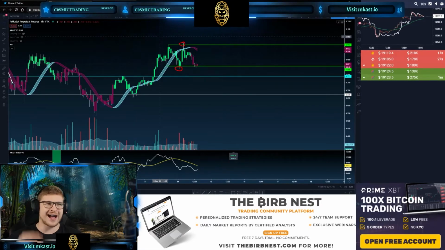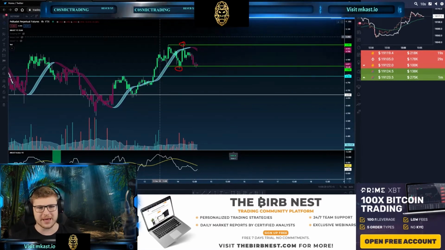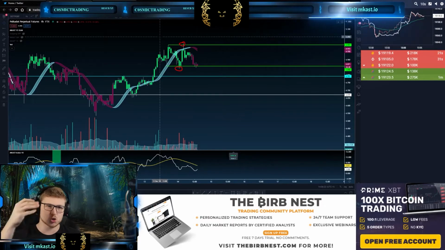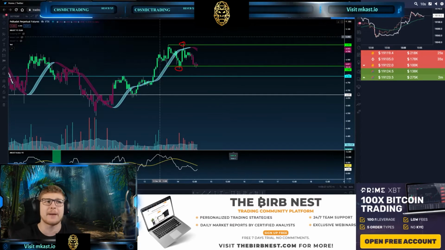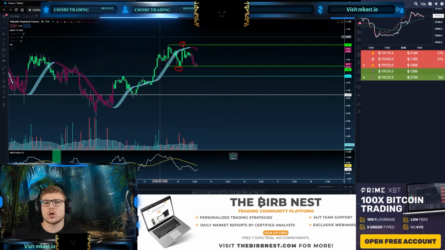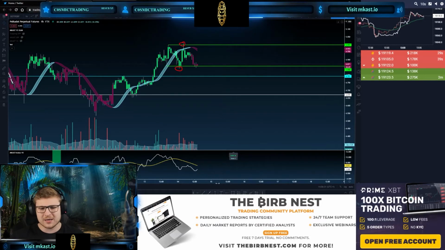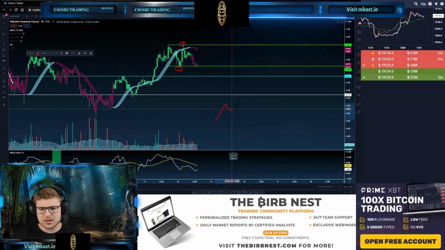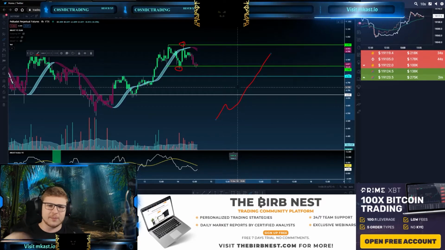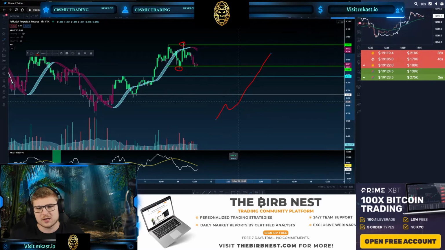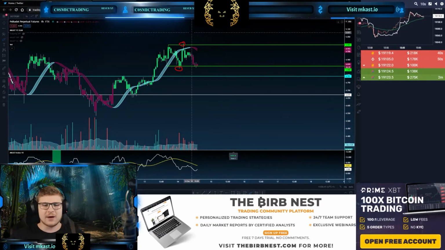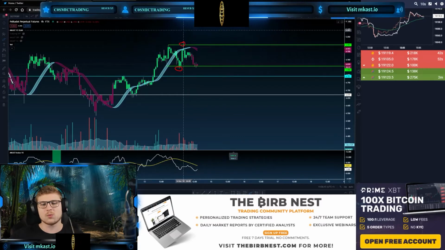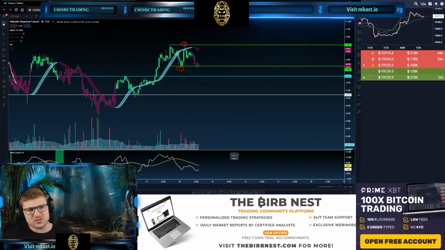All right, so how does a swing failure pattern work, and what does it mean? A swing failure pattern means simply a pattern where you would normally expect another swing to the upside, but it fails and then starts reversing against you. Now this is mostly while looking at previous highs.